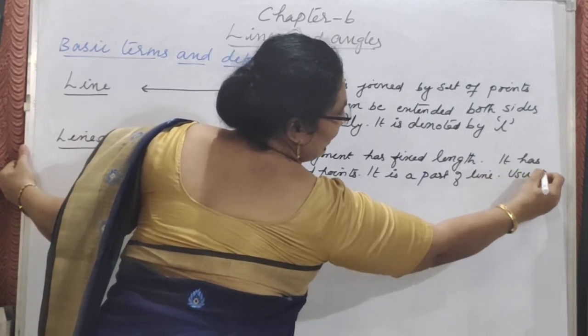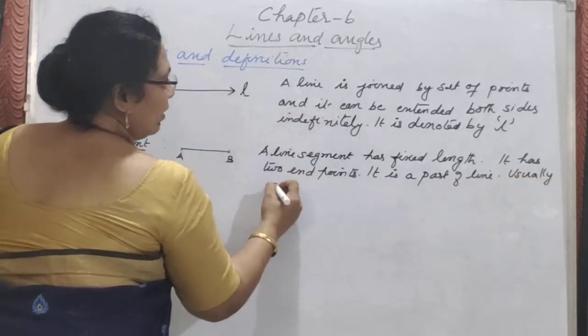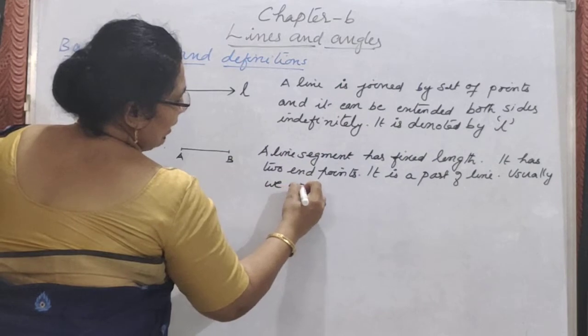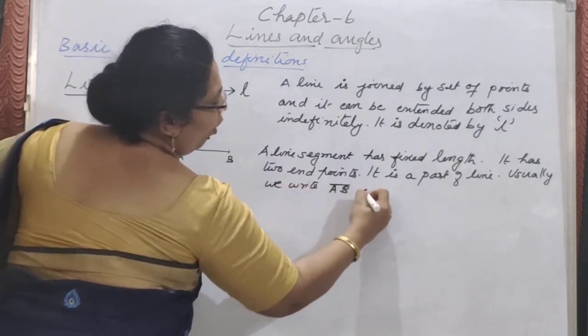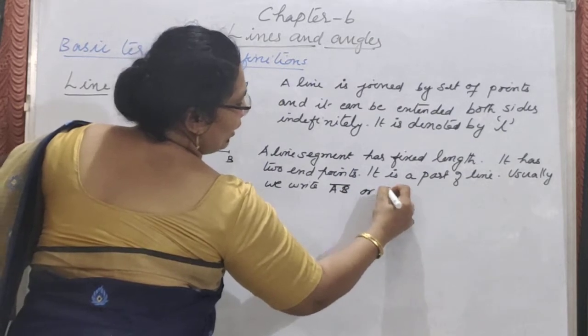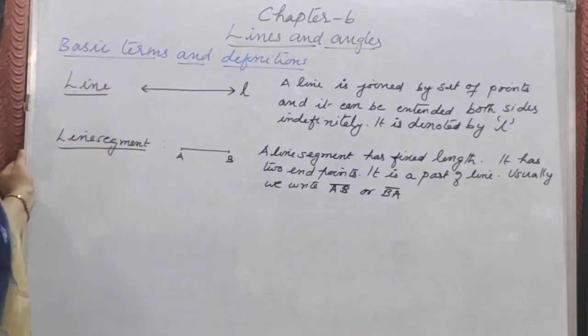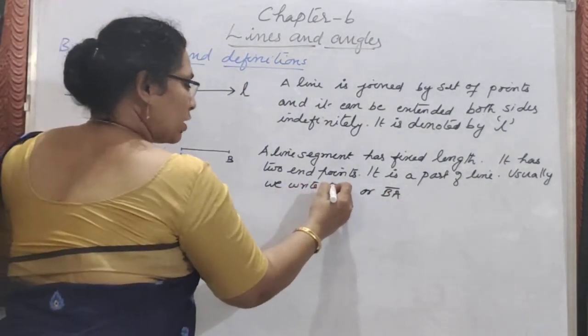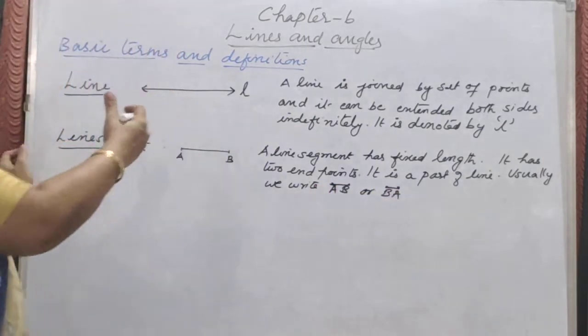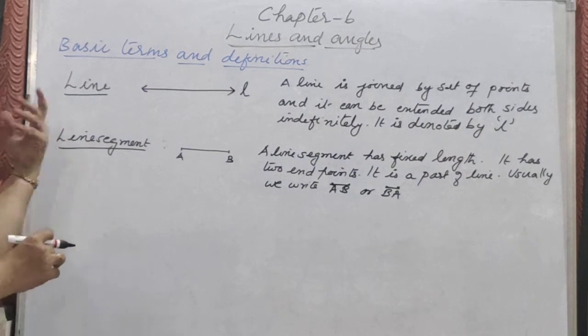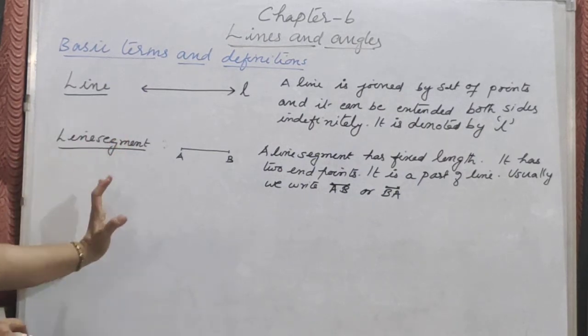Usually how do we write it? We write AB or BA. Both ways are correct, and we specifically put 2 dots showing that it is a line segment, right? We are taking it from the line only. We have already learned all these things, so this is just an explanation.